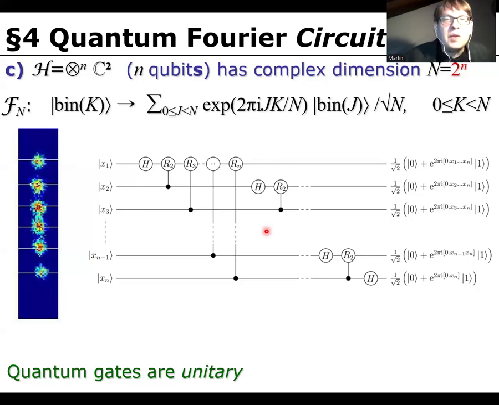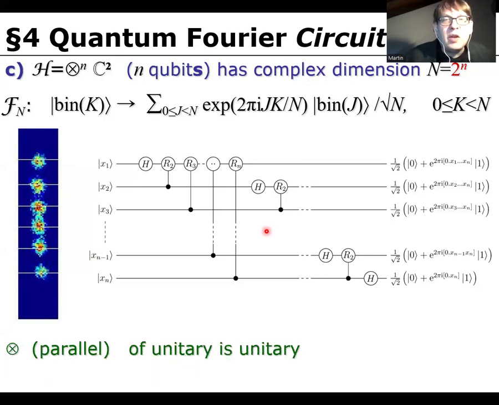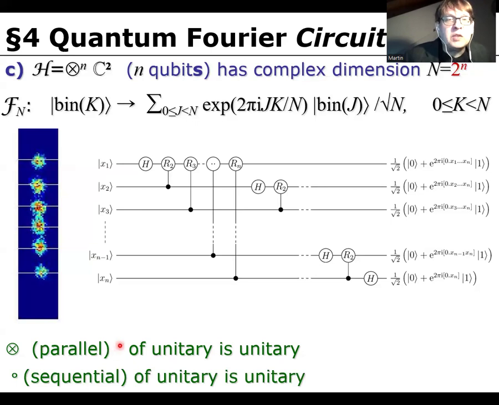And in quantum circuits, the parallel operation amounts to this tensor product, like the Hadamard matrix operates on all qubits simultaneously, applying this Hadamard transform on the first qubit and simultaneously on the second, whereas multiplication of operators, usually denoted as composition of operators, amounts to sequentially operating on qubits.